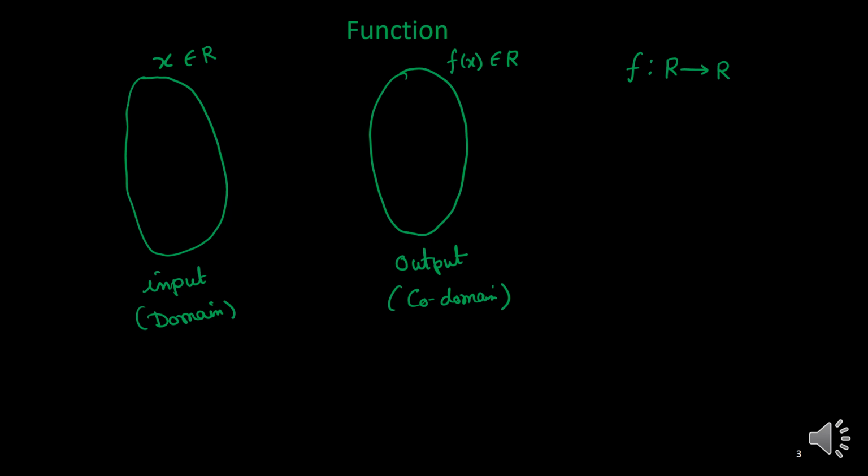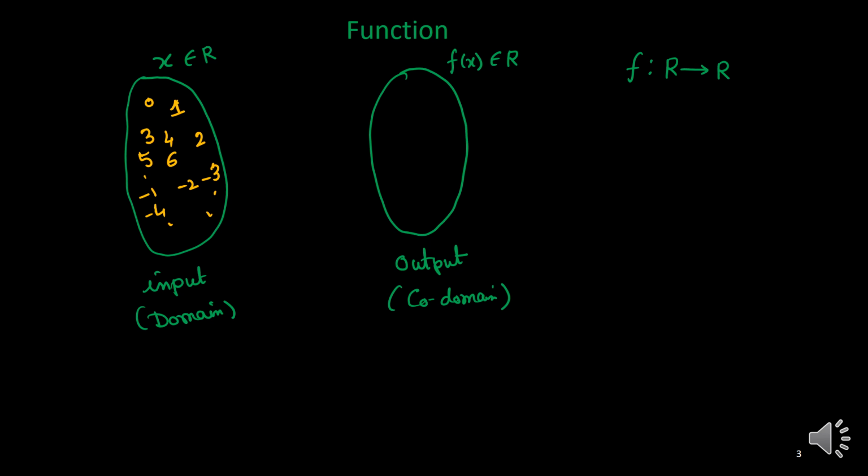Now if I choose a few points on this set, these are the points. Suppose I choose 0, this is 1, this is 2, this is 3, this is 4, this is 5, this is 6, and there could be some negative values, -1, -2, -3, -4.